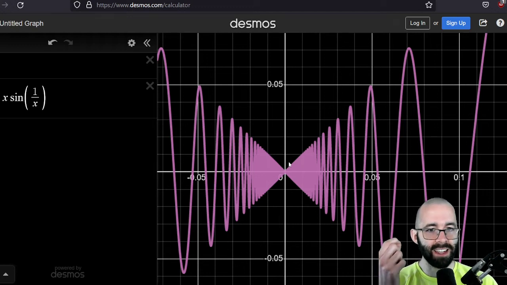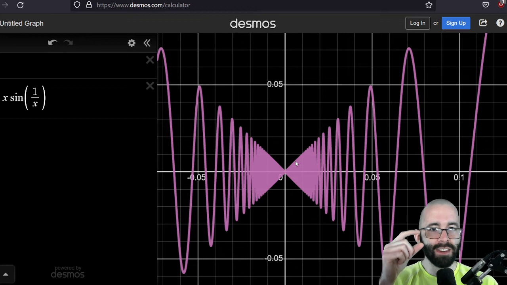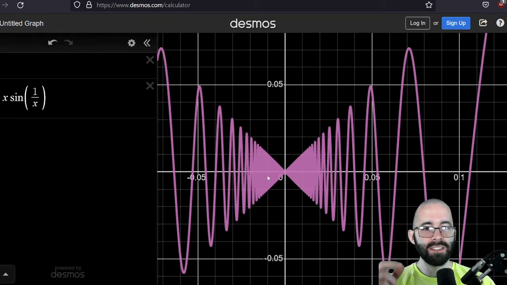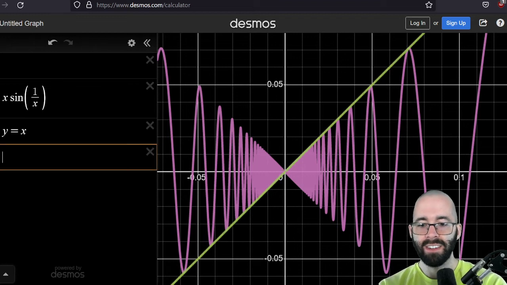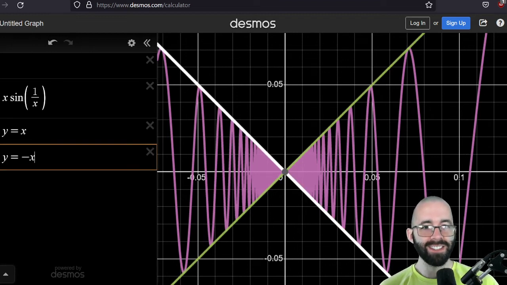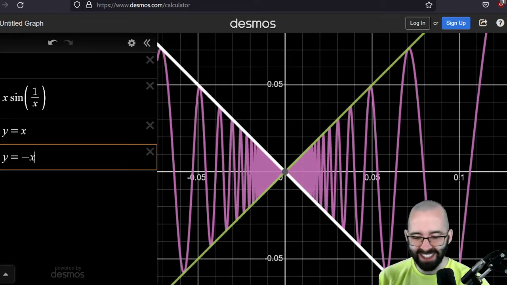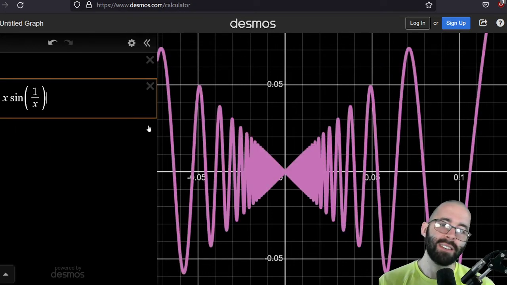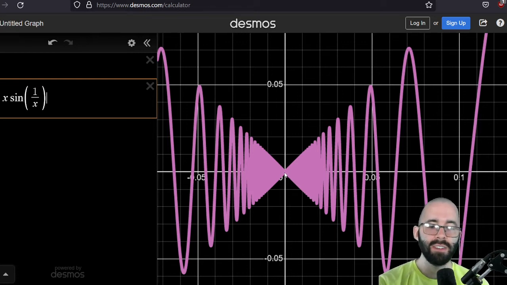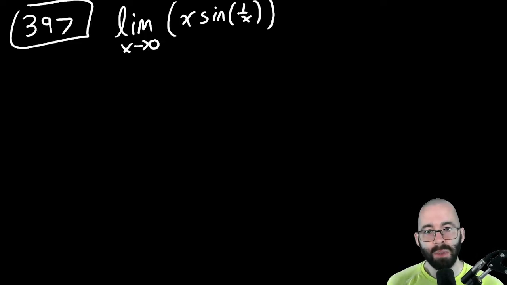Sine is always oscillating, but it's going to be stuck between 1 and -1. So you can see that it really is squeezed between the line y equals x and y equals -x. That's again chapter 2. We think the limit's going to be 0, right? As x goes to 0, the y value is getting close to 0. So we think the answer should be 0.